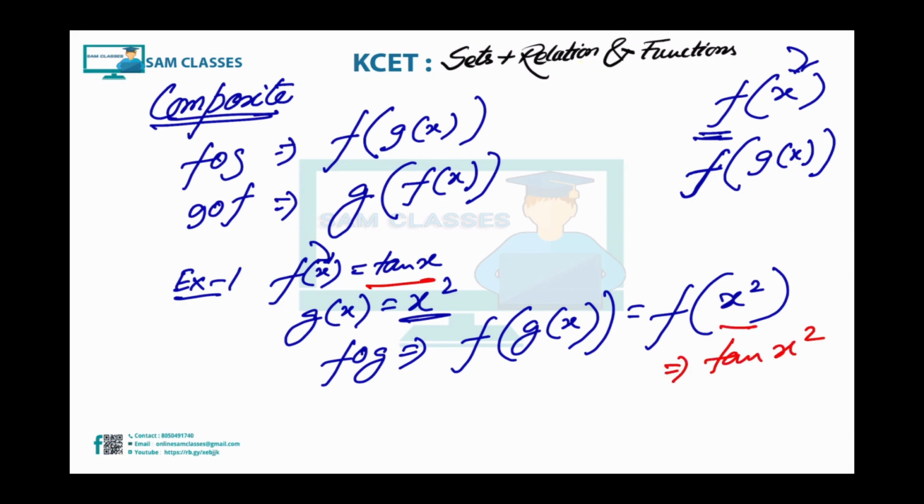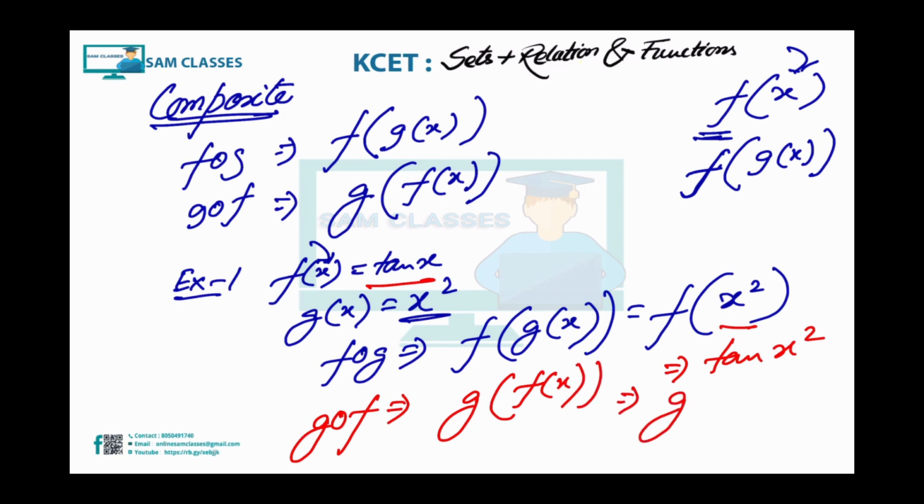Tan of x square. That's it. Nothing difficult. Now what about gof? That is equal to g of f(x). In the function g, I'm putting f(x), which is tan x. If I'm putting x in g, I'm getting output x square. So if I'm putting tan x, I'll get tan x the whole square. So is it anything very difficult? No.